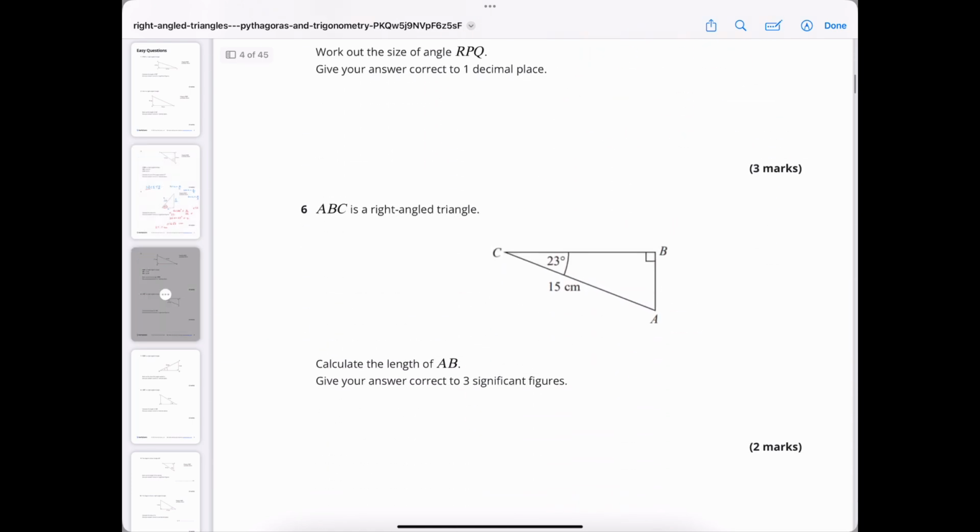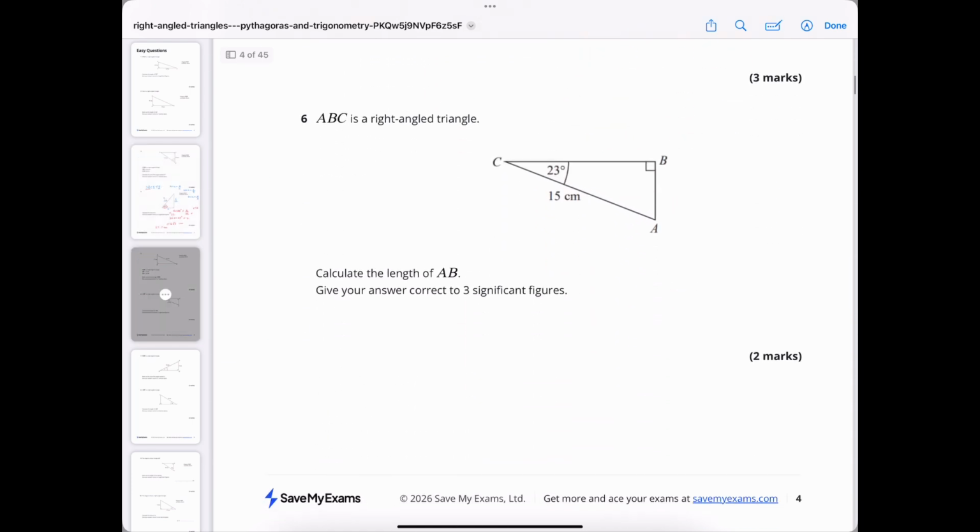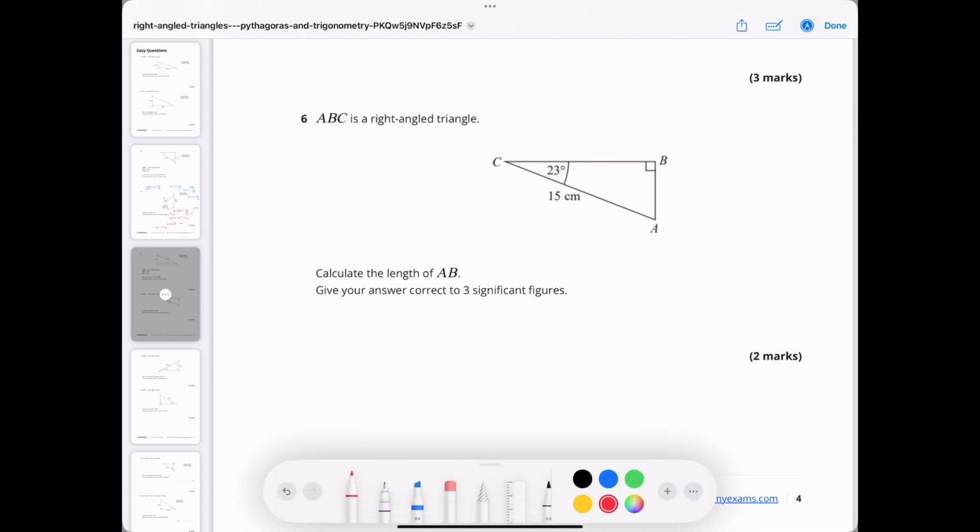Now we're going to find another one, and we're just going to do, again, the basics. So write down SOHCAHTOA. Mark up your triangle. So that's an H, that's an O, and that's an A. Find out what they want.